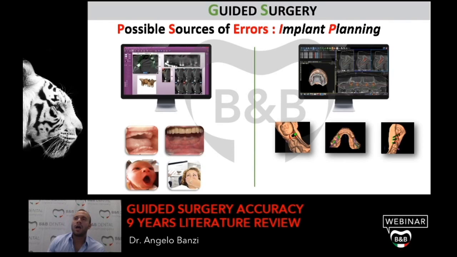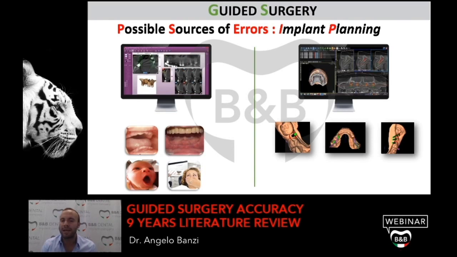Well, actually, we from B&B Dental have developed this trick that you can play to avoid opening any flap and work flapless, just moving up the sleeves by 2 or 4 millimeters, and the kit has got all the tools to allow me to place the implant in the right position, even if the sleeves have been moved by 2 or 3 or 4 millimeters.